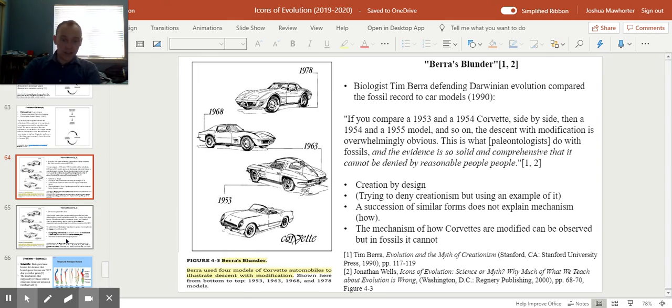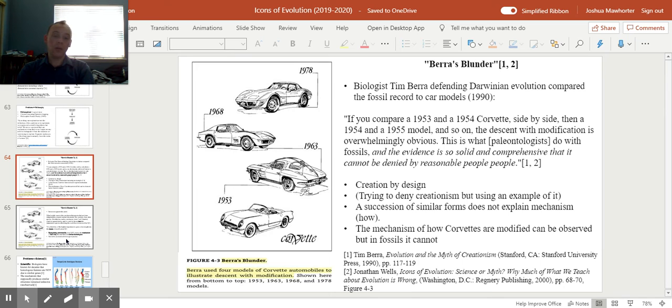Another biologist, Tim Barra, tried famously and failed famously to defend this homology. But the problem was the argument itself; the conditions of the statement were not changed. And so he falls into what becomes known as Barra's blunder.